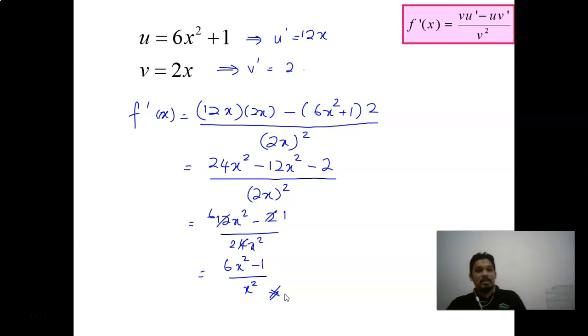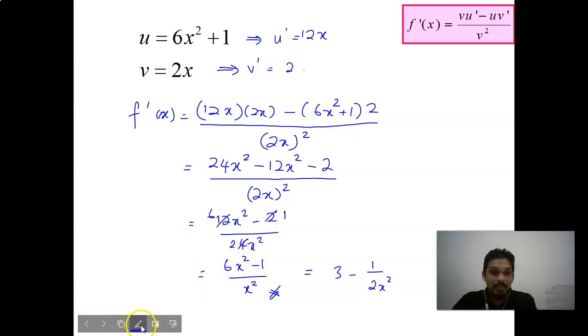The answer provided to me here is 3 minus 1 over 2x squared.